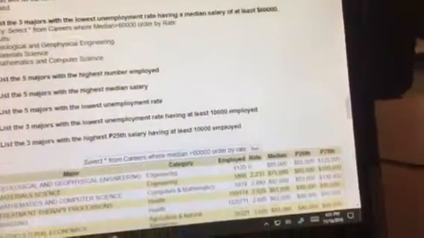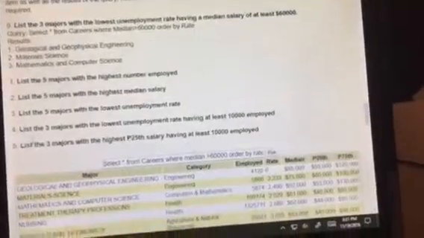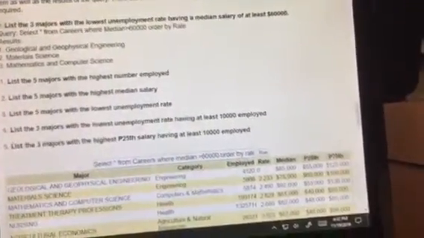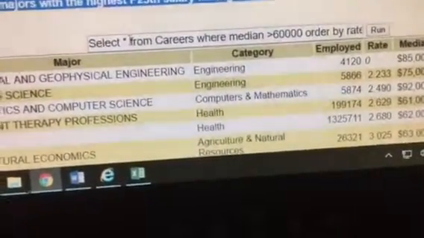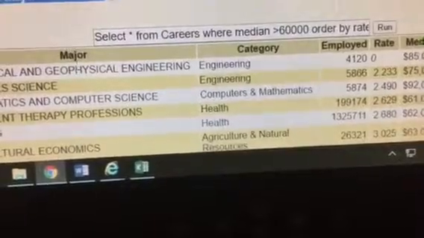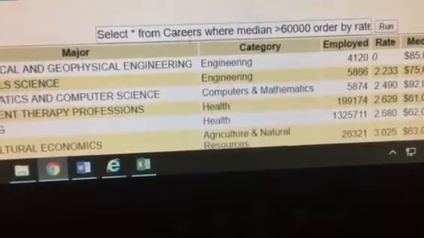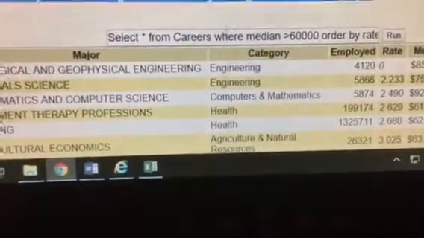Okay, let me go ahead and do the last one with you because maybe that'll help you out a little bit. Again, I'm going to select the asterisk, which is all these fields. I want to see the major, the category, the employed, everything from the careers.